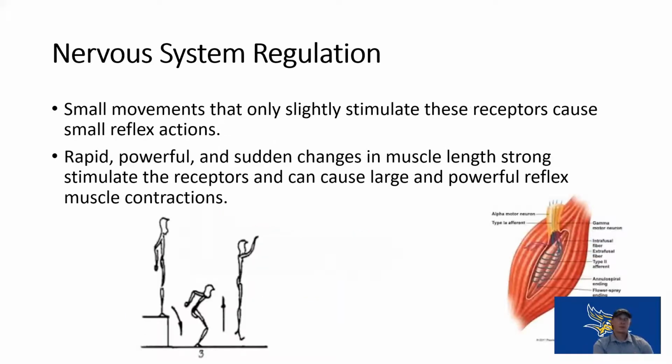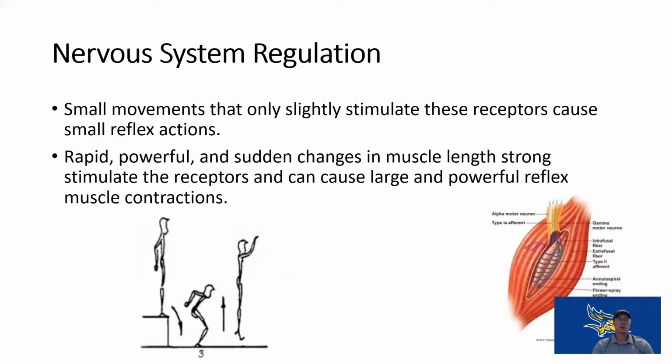Okay. With this, we have some sensors called our muscle spindles, which are small little fibers within our muscles that sense how much our muscle stretches and how fast it stretches.